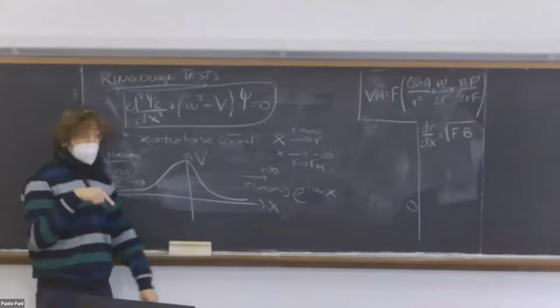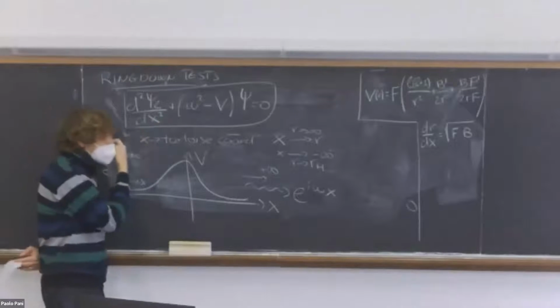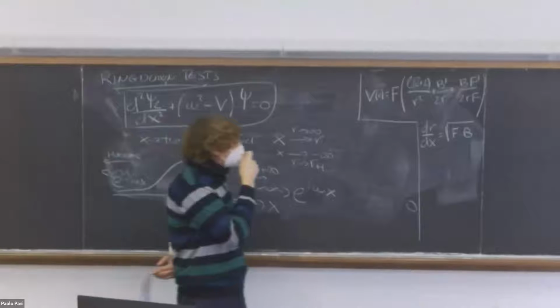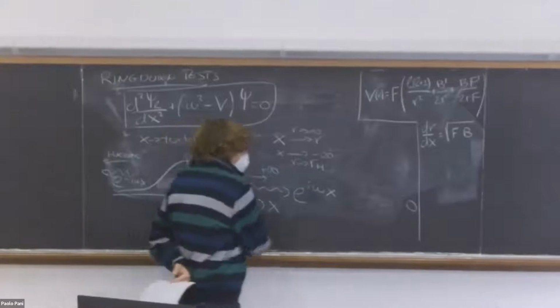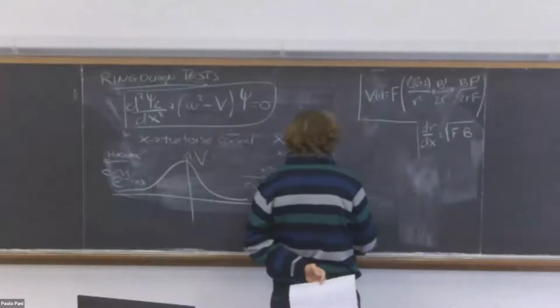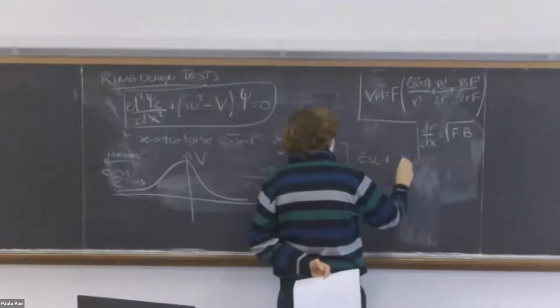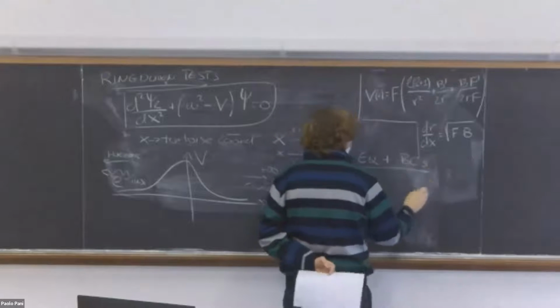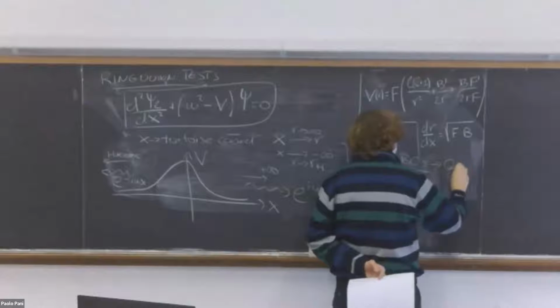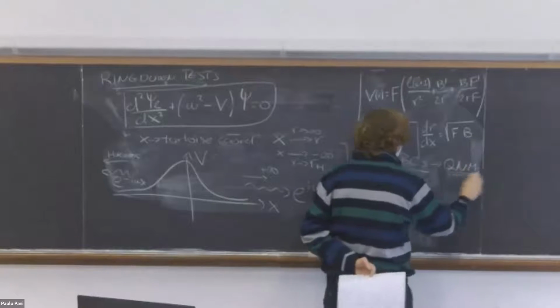With these boundary conditions and this equation, this is an eigenvalue problem that defines an eigenspectrum. So this equation plus the boundary conditions defines the so-called quasi-normal modes of the system.